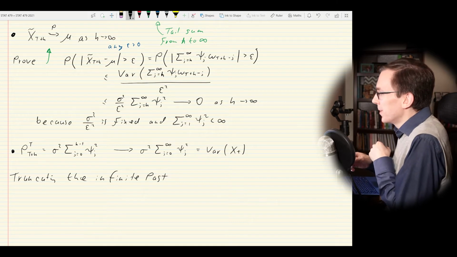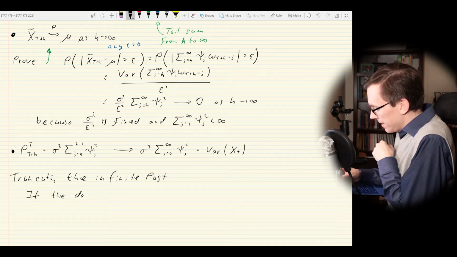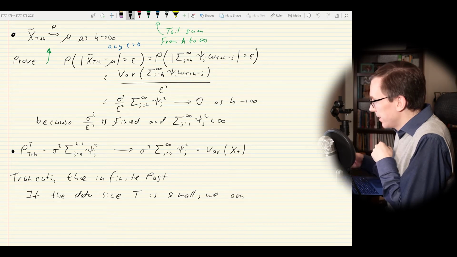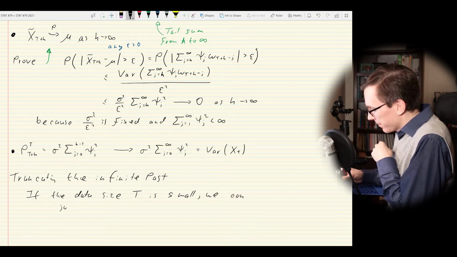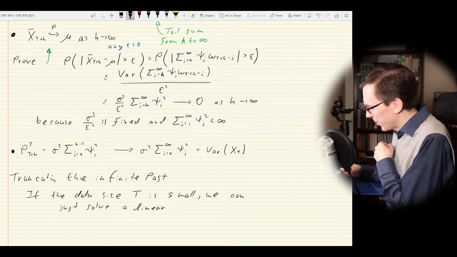Well, what we're going to do is note that there are two approaches. One is that if the data size t is small, we can just solve a linear system of equations, as noted, I think, a lecture or two ago.